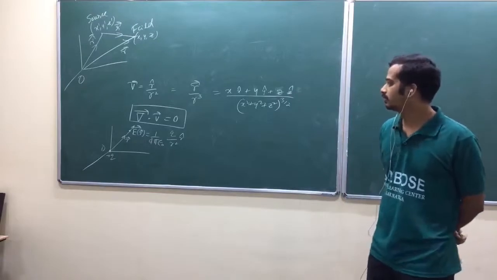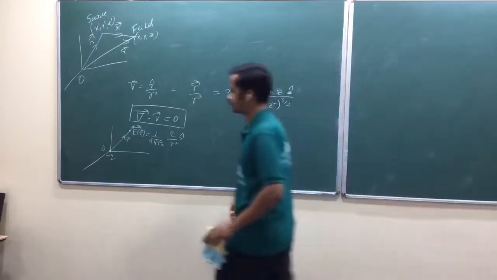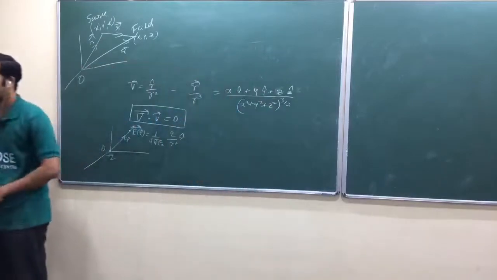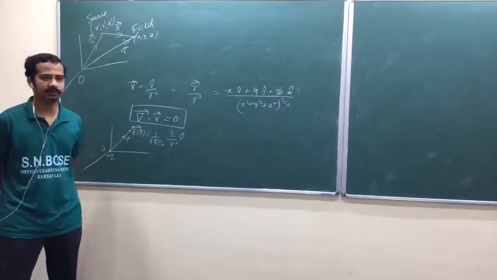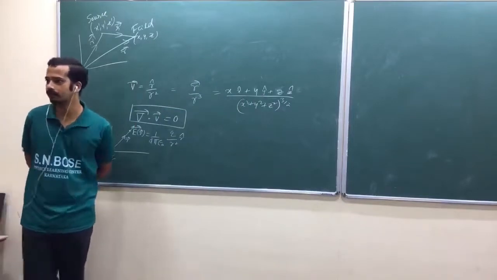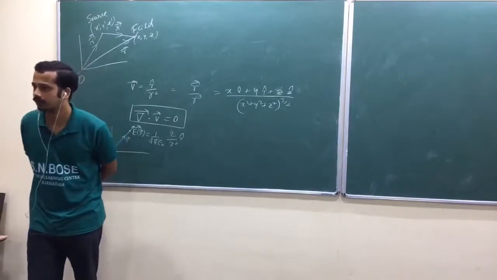Yes, the magnitude is infinity at the point of charge, am I right? Obviously, it is infinity because of the inverse square law. When r equal to 0, it is infinity. Am I right?